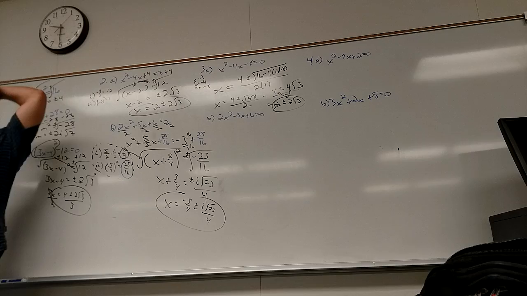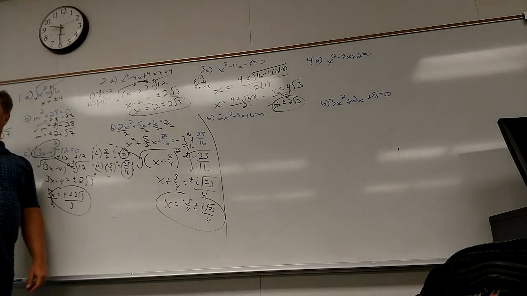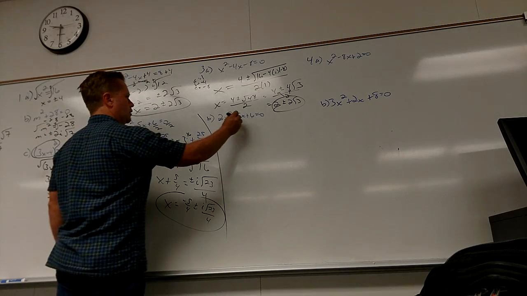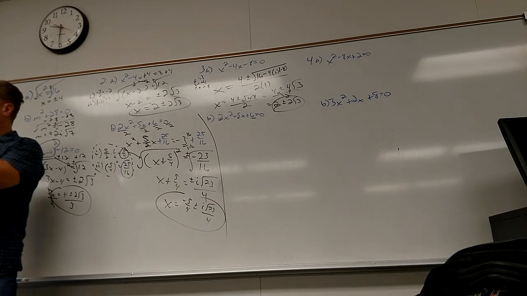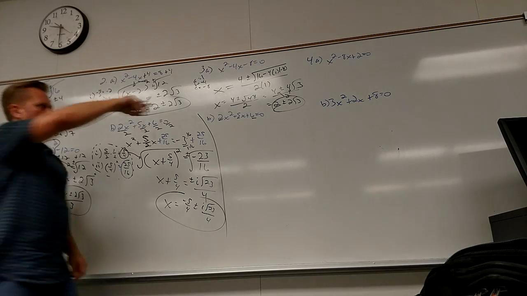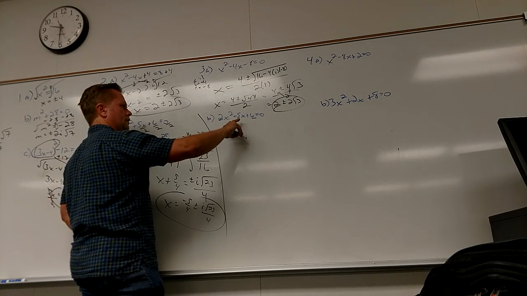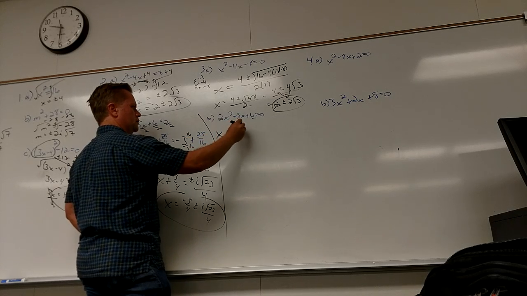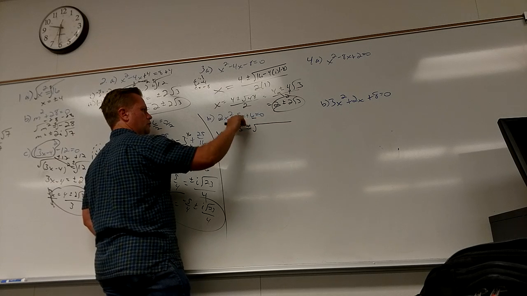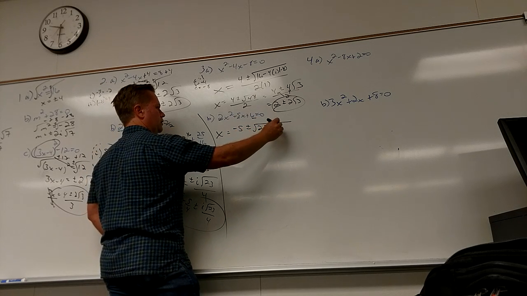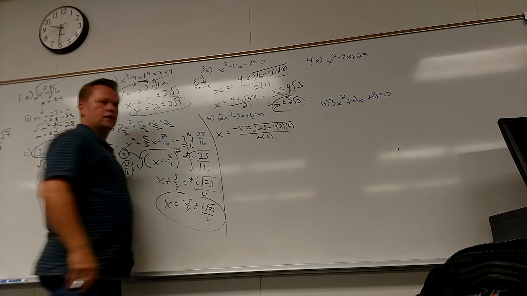Doesn't matter. So we do it with the quadratic formula. There's A, B, C, right? Now I just throw it in because I've already determined the form of the answer. So x equals negative b, so negative 5, give or take, square root of 5 squared, 25, minus 4 times a times c, all over 2a.